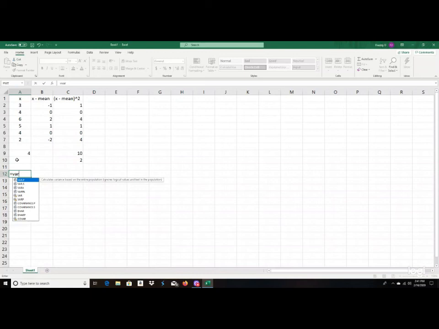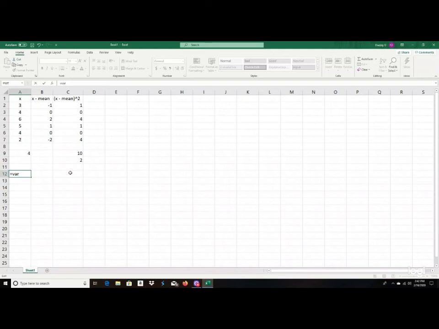You're going to see a lot of options, population and sample variance. If you just type in var, it should automatically give you the sample variance as opposed to the population variance.